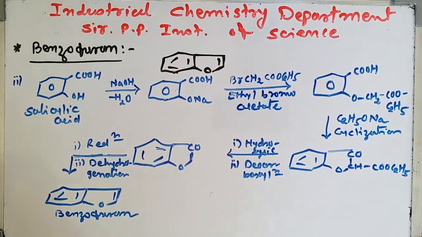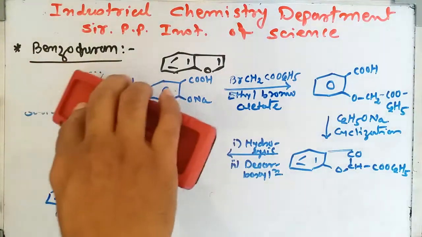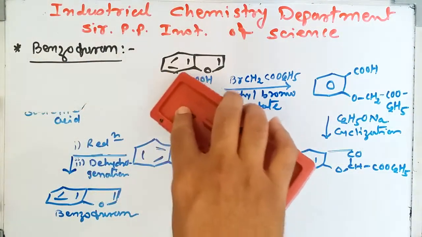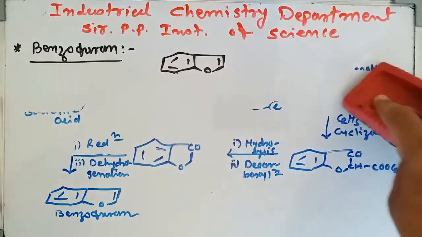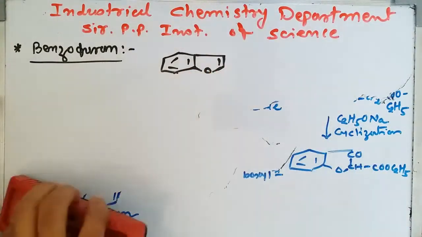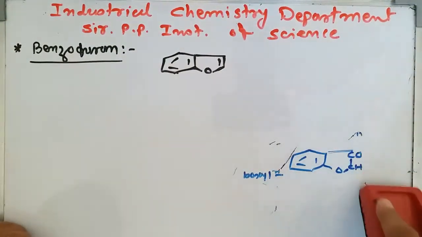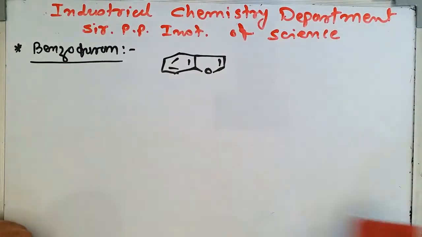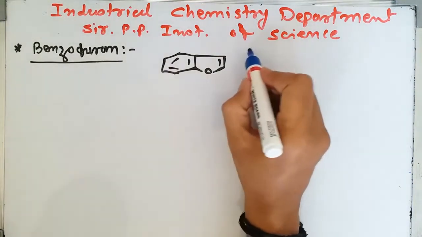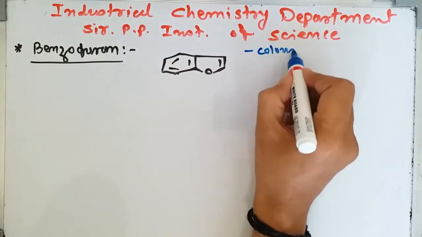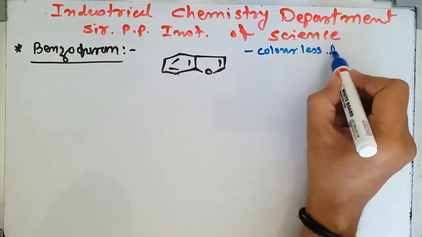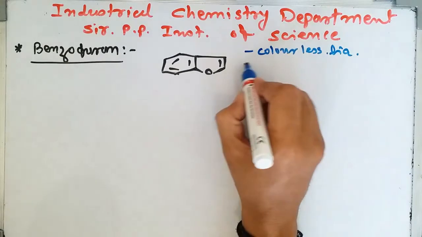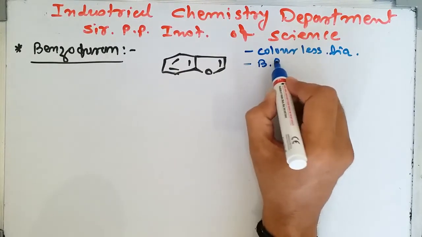Now we see the properties of benzofuran. Physical properties: it is a colorless liquid having a boiling point of 175 degrees Celsius.